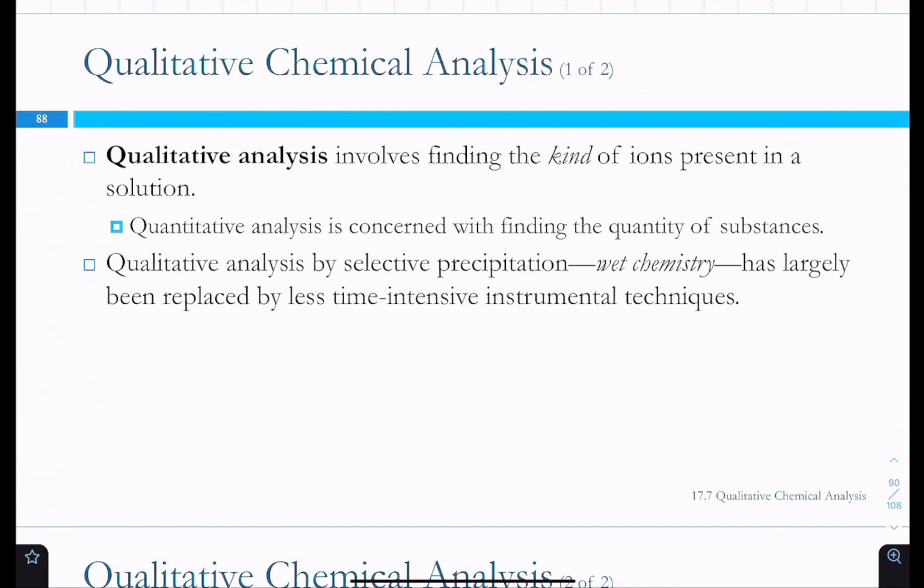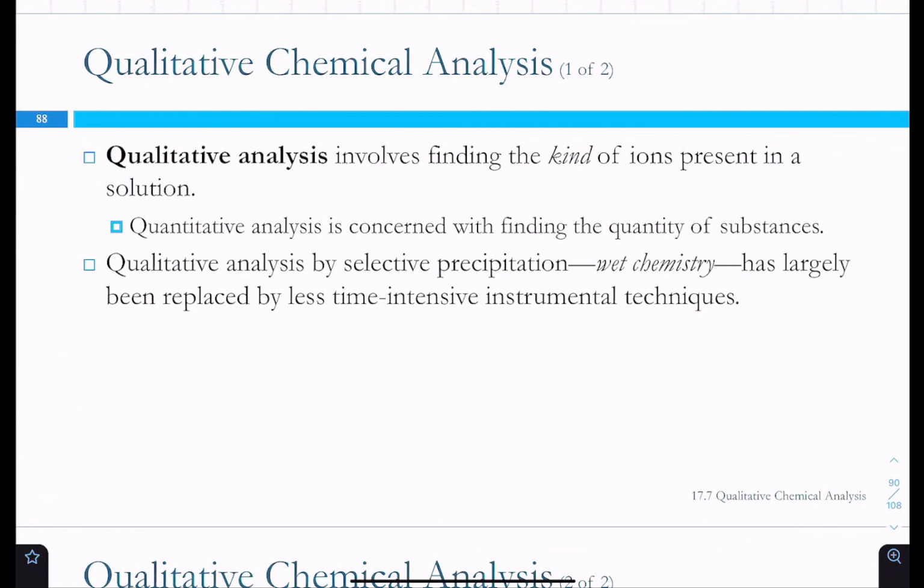It's also called wet chemistry. This has largely been replaced by other instrumentation that's faster, easier, and also quantitative. ICP-MS is one that comes to mind, which is inductively coupled plasma. You take an analyte sample and inject it into a plasma, and as it's being obliterated by the plasma, it creates ions, especially of metals, which is mostly what we're talking about here.